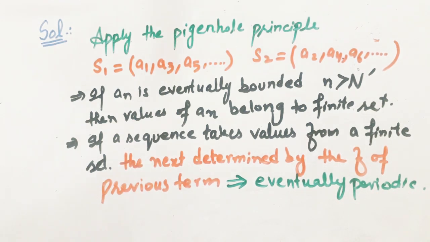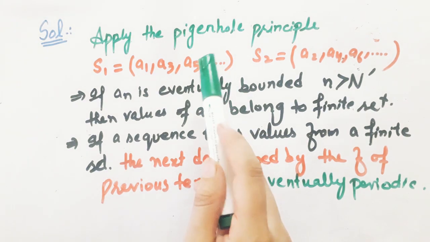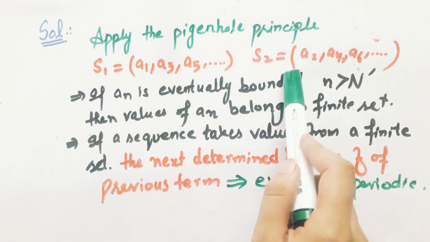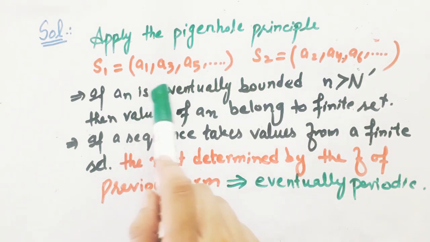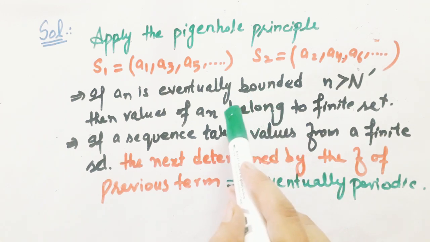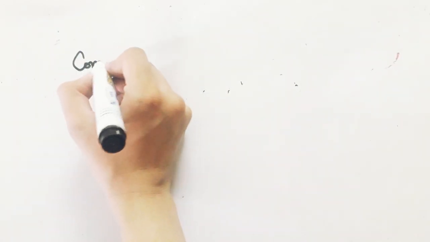Now we can also prove this by contradiction. Assume that S1 and S2 both are not eventually periodic. This implies that both sequences contain infinitely many distinct values, and applying this principle, the final result will be a contradiction, and you will say that both sequences are eventually periodic. This is an alternate method.